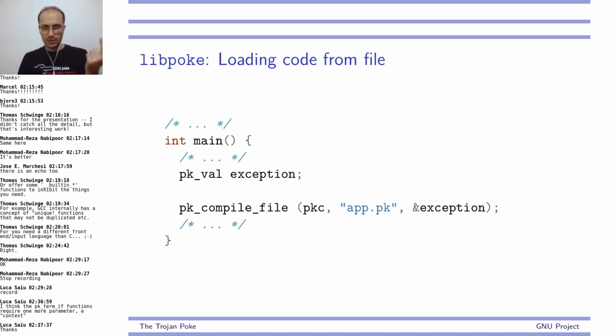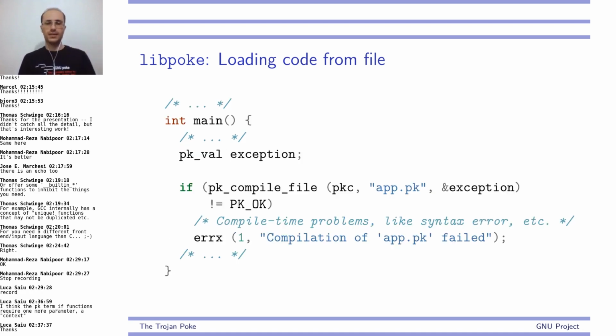So this code is just basically that, but it doesn't have error handling. So here I'm adding error handling, but we have two kinds of error handling. One is compilation error. For example, you have a syntax error in the app.pk, or for example, using a non-const thing in defining units.